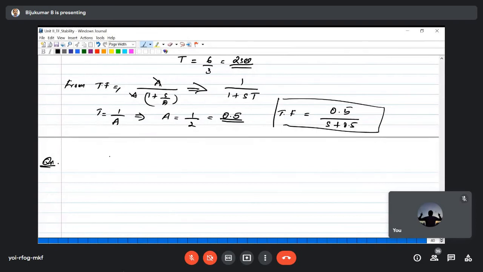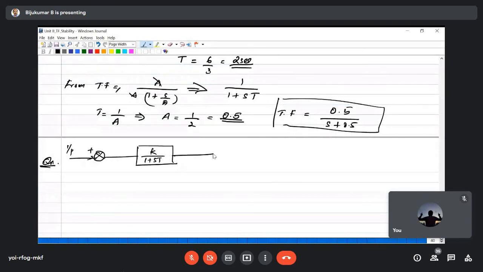Your block diagram has been given: this is the input, this is the summing point with plus, and this is K divided by 1 plus sT, and there is an output. Let's say there is a feedback loop in the system.